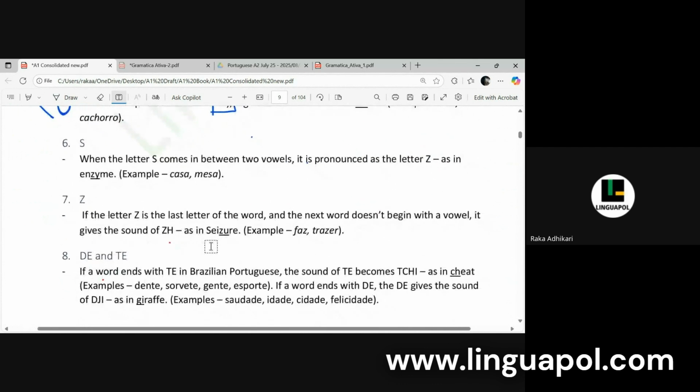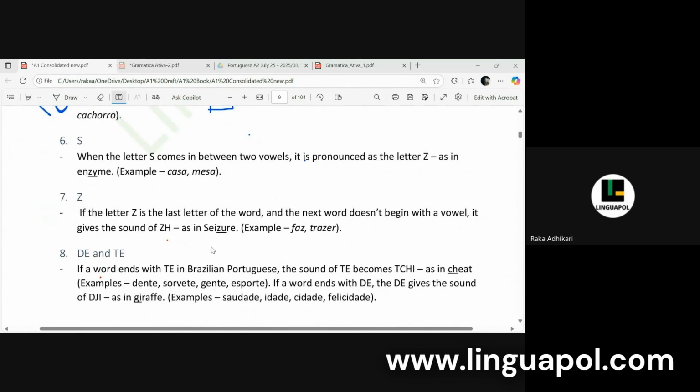Then we have the letter S. So the general sound of S is so. But when it comes in between two vowels, then the sound becomes very strong and the sound becomes Z. Like we read the word Brazil.